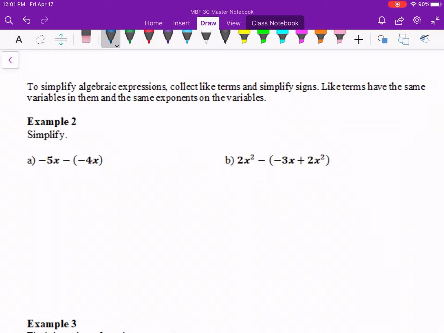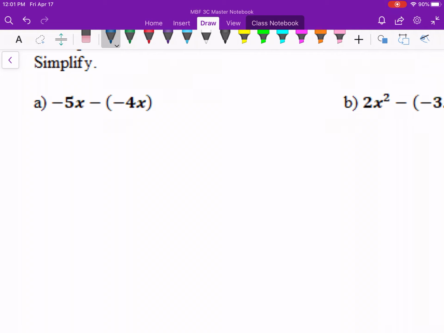The next thing that we're going to review is collecting like terms, simplifying signs. So collecting like terms requires us to recognize what like terms are. Like terms have the same variables and the same exponents on those variables. So that's the key. In part A, we have minus 5x, and we've got minus 4x with a minus sign between them.